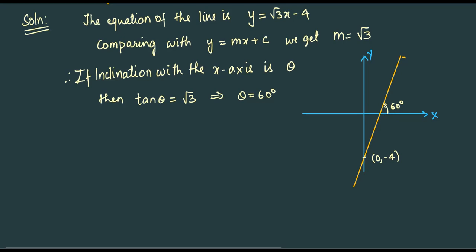So what will be the inclination with the y-axis? Let us say the angle made with the y-axis is alpha. These are alternate angles, so this will also be 60 degrees.